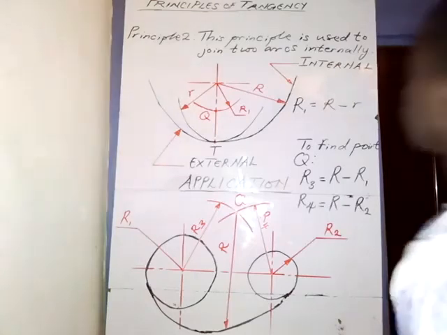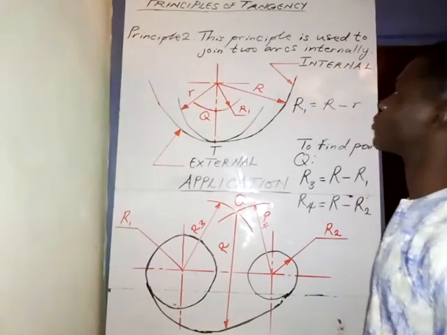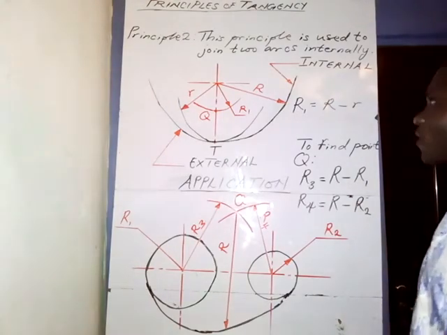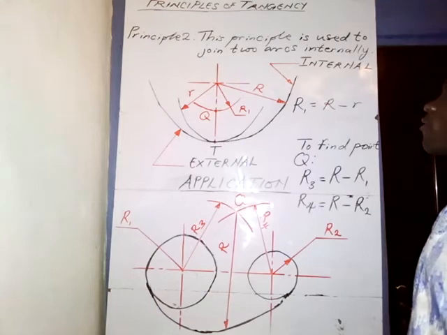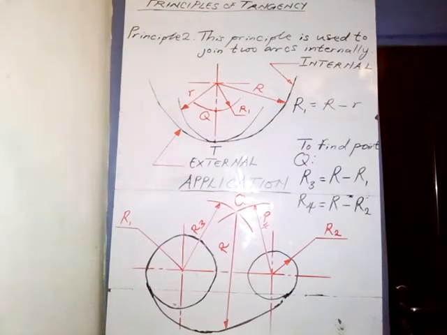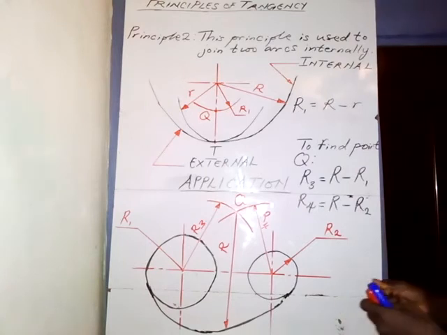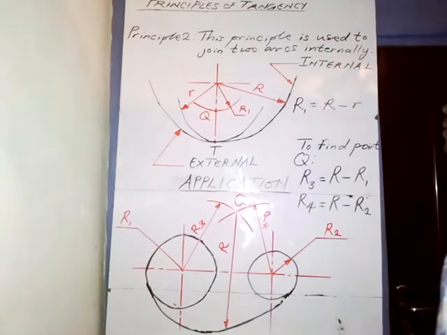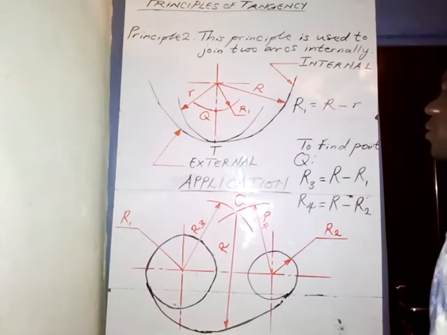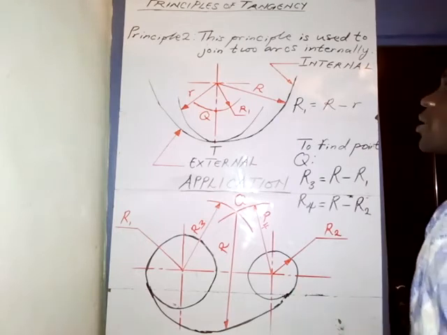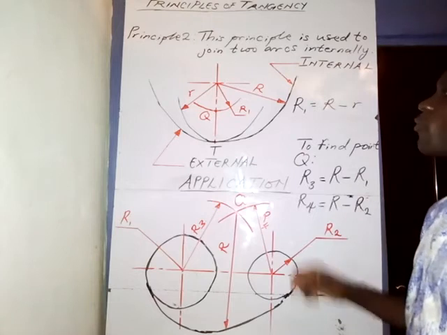Alright, here we want to look at the second principle of tangency, or principle of tangency 2. If you remember what I said concerning the principle of tangency 1, it is used to join an arc with a straight line.